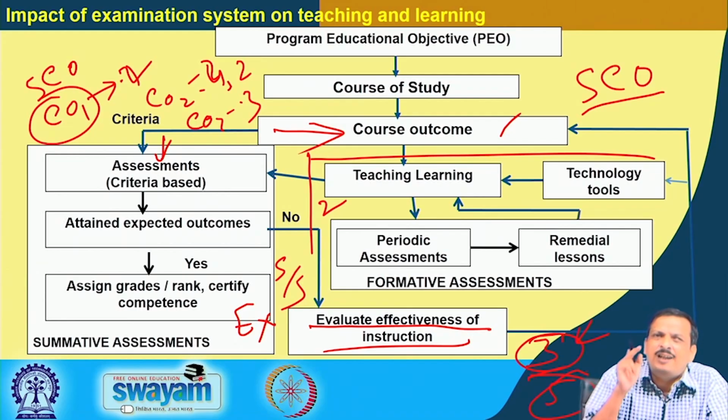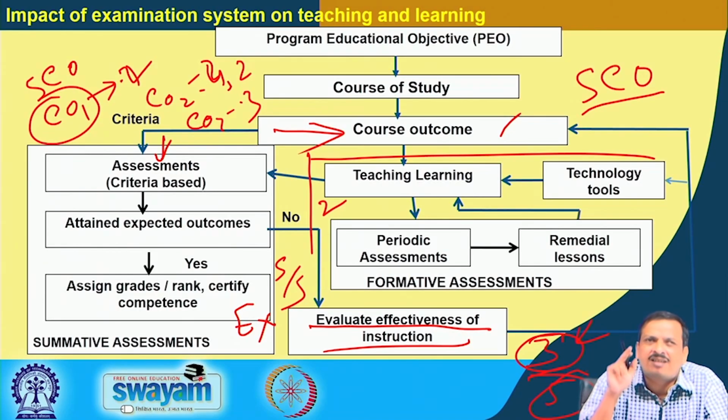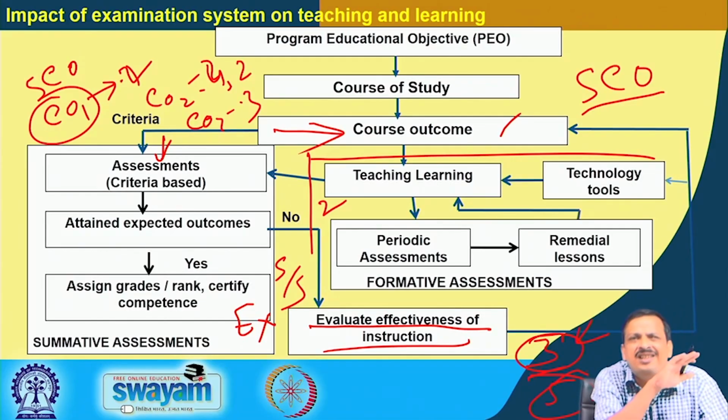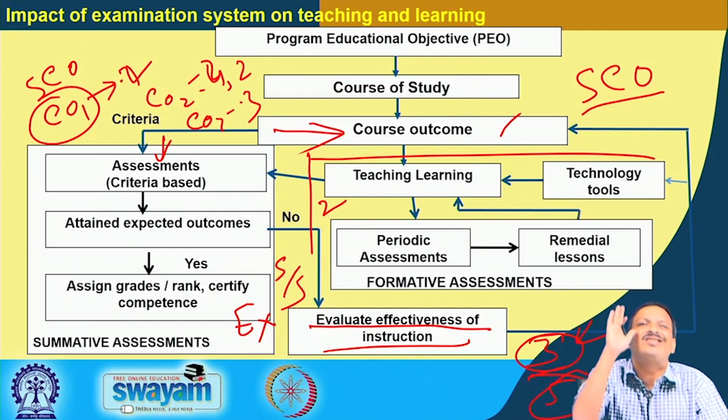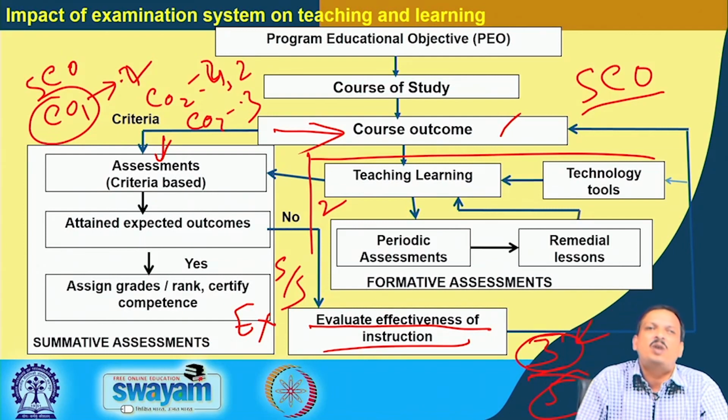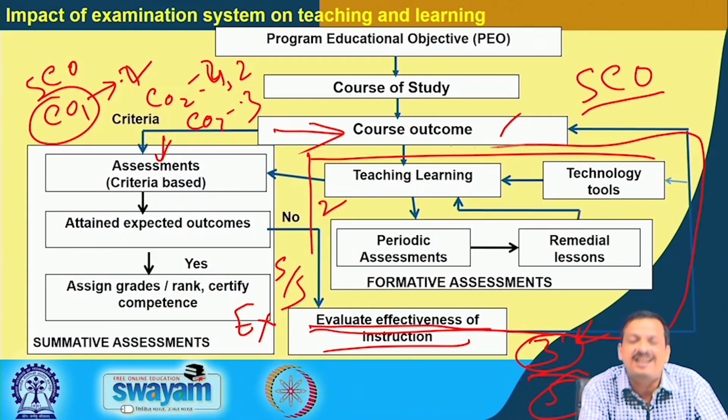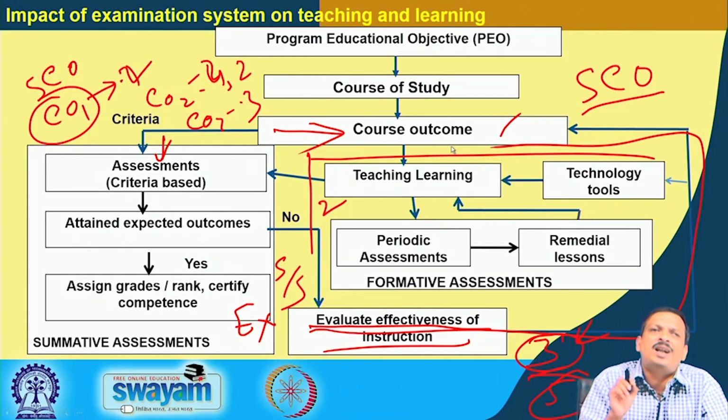If the teaching-learning process is not correct for achieving CO2, then for the next batch I should not continue the same mistakes; I correct my teaching-learning process. Otherwise, CO2 is written in such a way that it is not achievable, so I correct that. That is the feedback loop, called reinforcement of teaching and learning.